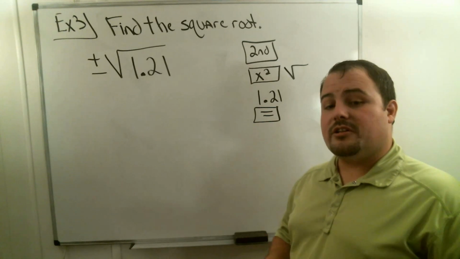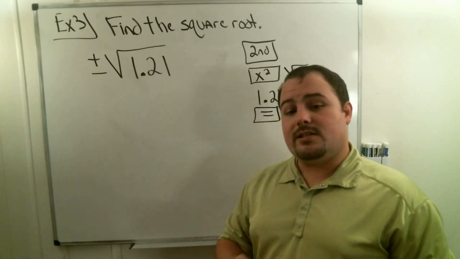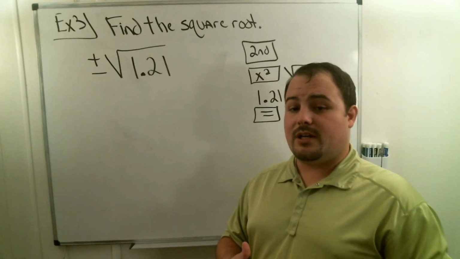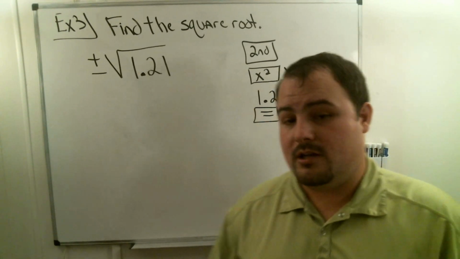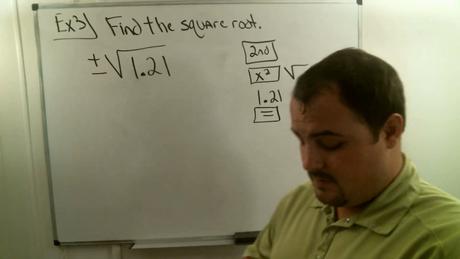One of the things you have to understand about a square root is that a square root is the positive number as well as the negative number, because two of the exact same negative numbers that multiply to make one number will make a positive. So I'm going to type in my calculator the square root of 1.21.